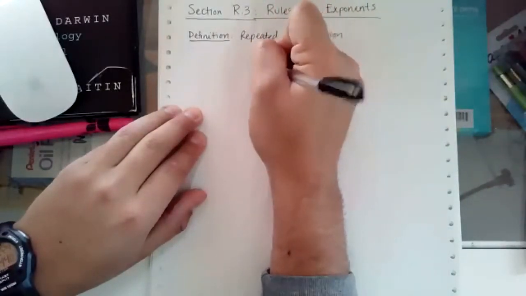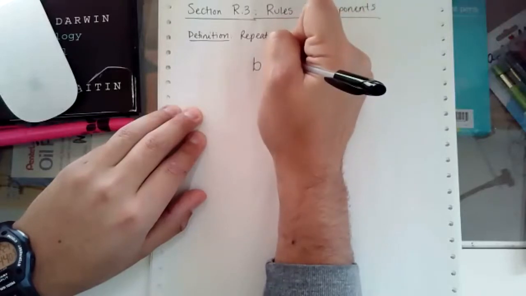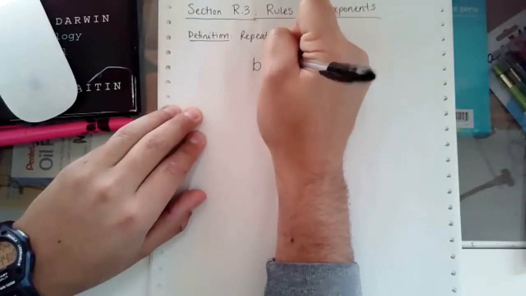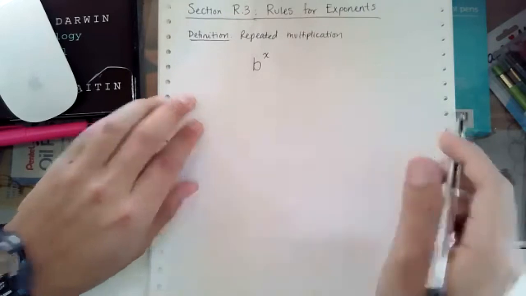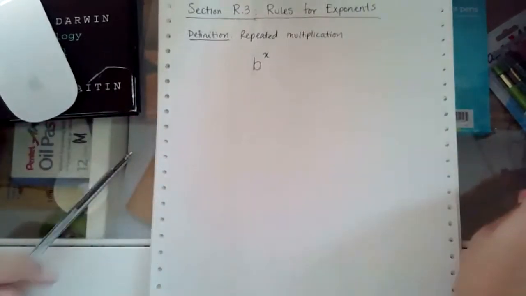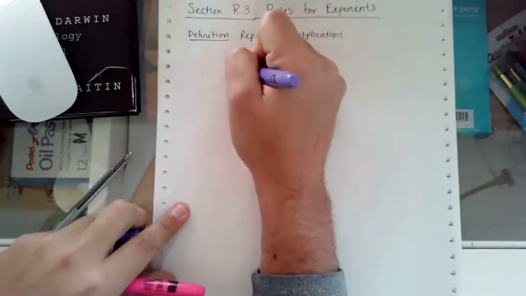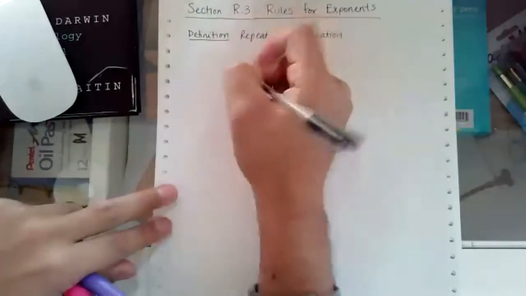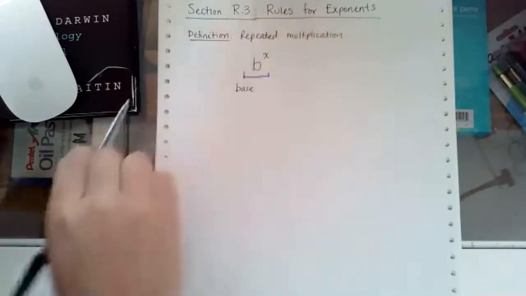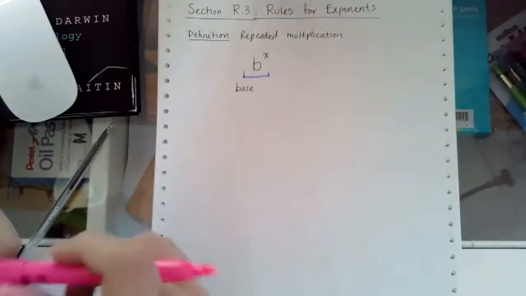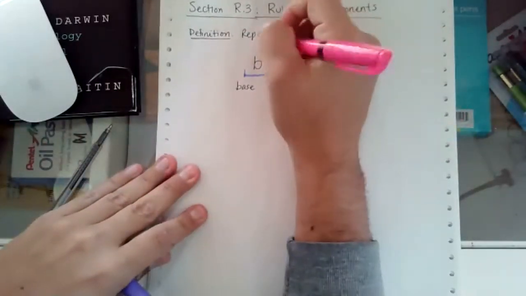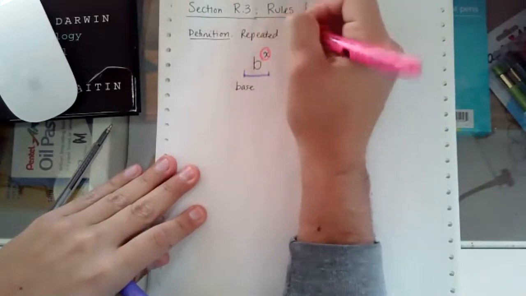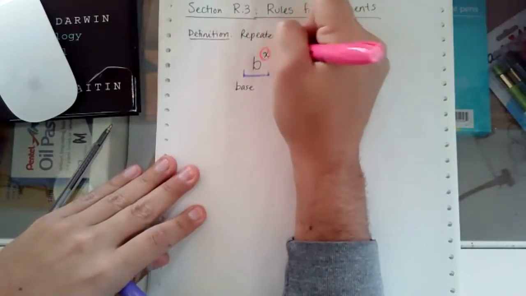They take on this form, b raised to, I'm going to put x here, where we have a sort of a larger number at the bottom that we call the base, and sort of a smaller number in the upper right-hand corner called a superscript, right?